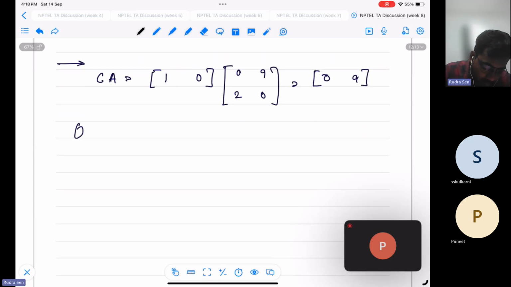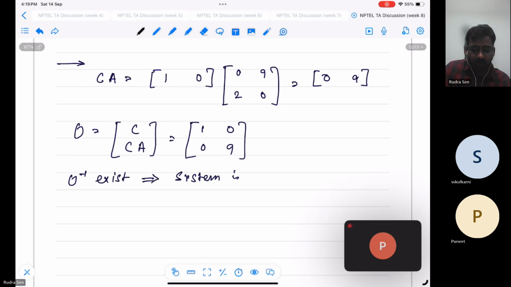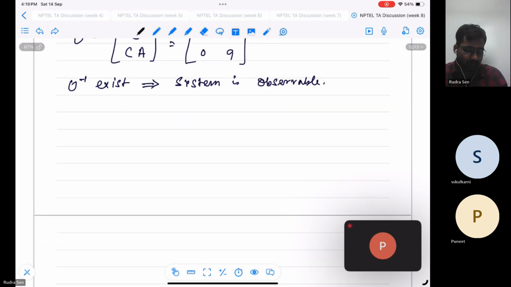The observability matrix O is C stacked over CA: C is [1 0] and CA is [0 9]. So it is diagonal, that means O inverse exists, which implies the system is observable.